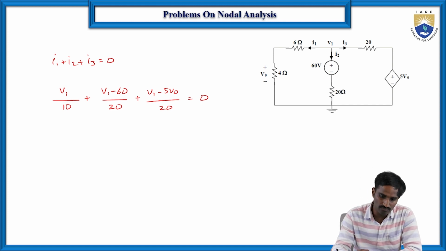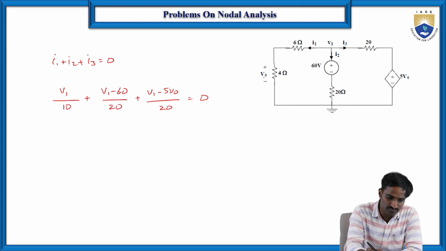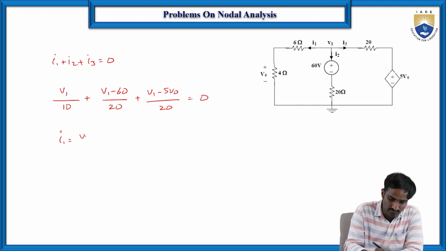But here, as we know, what is the value of V naught? V naught means the voltage across this 4 ohms resistor. First of all, I1 is equal to V1 by 10.